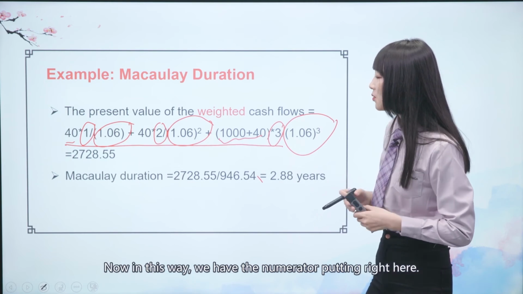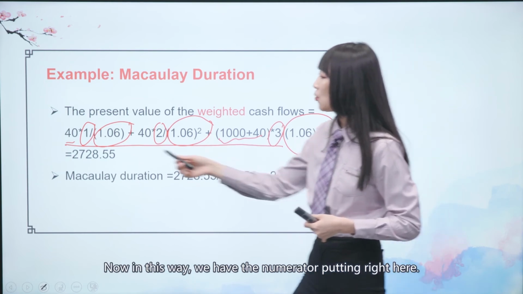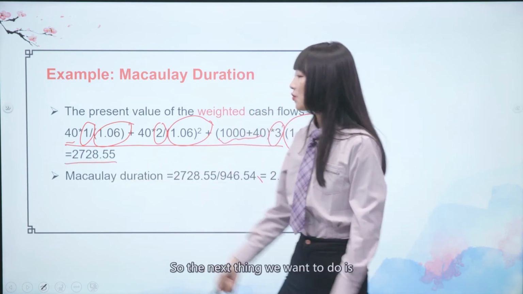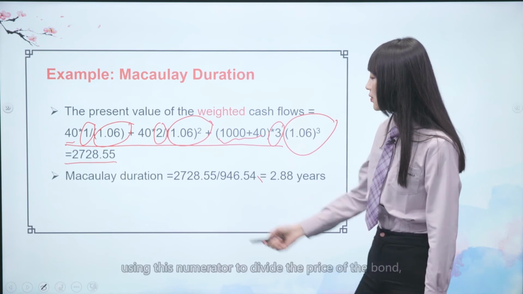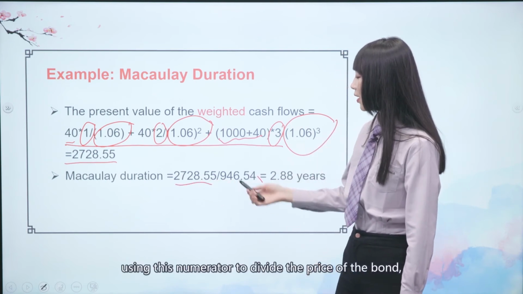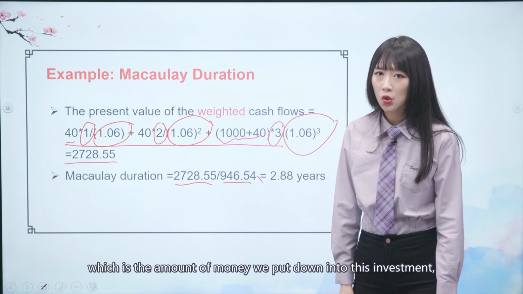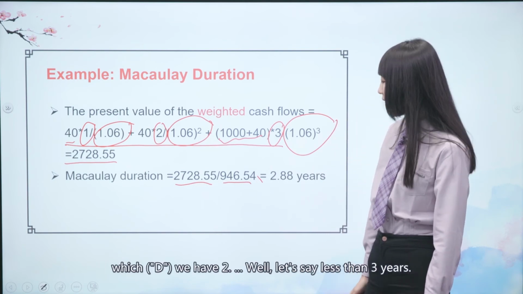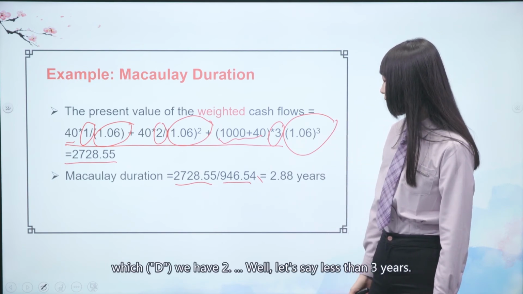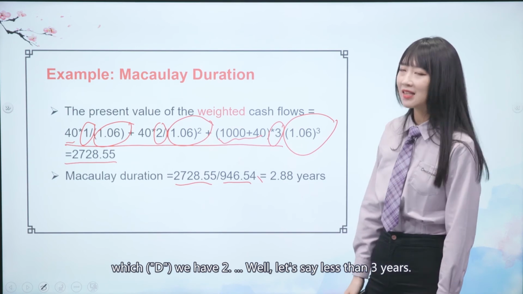Now, in this way, we have the numerator right here. So the next thing we want to do is use this numerator to divide by the price of the bond, which is the amount of money we put down into these investments, and we have 2.88, let's say less than 3 years.